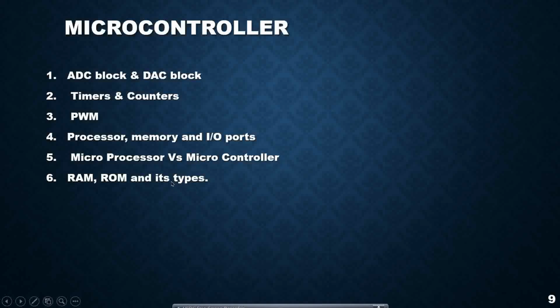One more example is electrically erasable programmable ROM. It is of the same type as erasable programmable ROM, but the only difference is that EEPROM erases the contents present in it when it is exposed to electric charge.